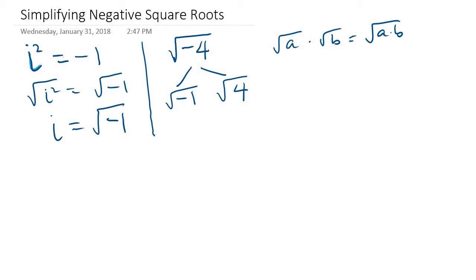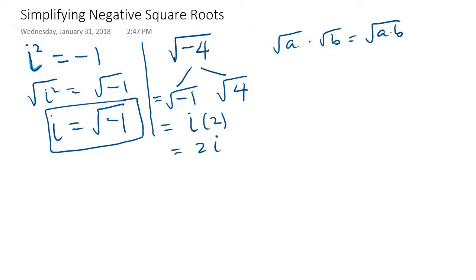From this new fact that i is the square root of -1, I can replace this as i times the square root of 4, which is 2, and so 2 times i is 2i.